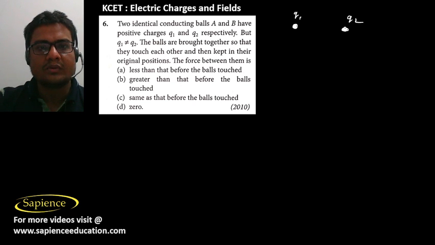The balls are brought together so that they touch each other, and then kept in their original positions. The force between them is identical conducting balls. So when they are kept in contact, their charges are redistributed.